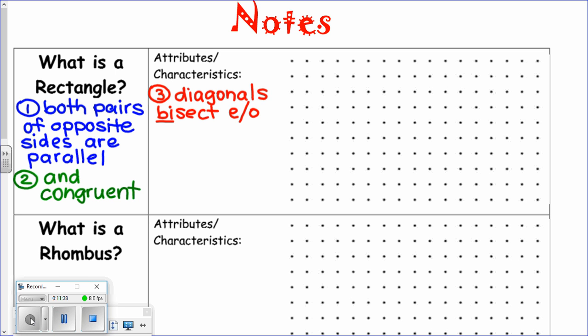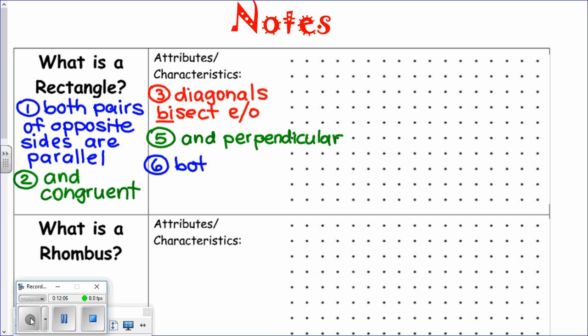Okay, and those diagonals are also perpendicular to each other. So if you remember from the lines video we watched, perpendicular means that they meet at a 90-degree angle. So they're going to be right across from each other. And the last thing I want you to write down is that both pairs of opposite angles will be congruent.